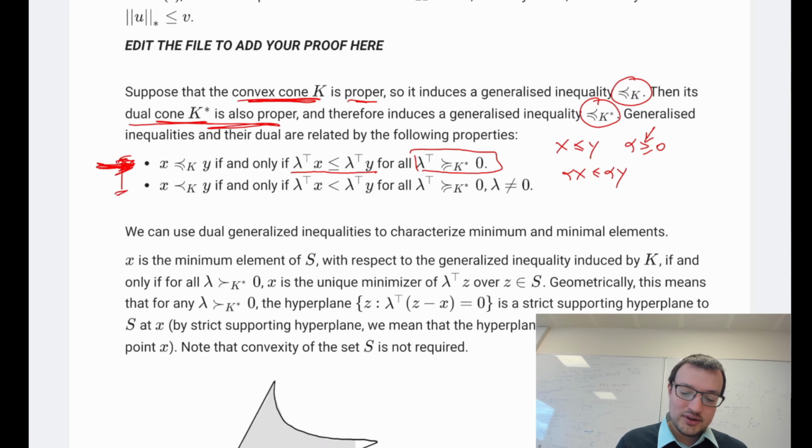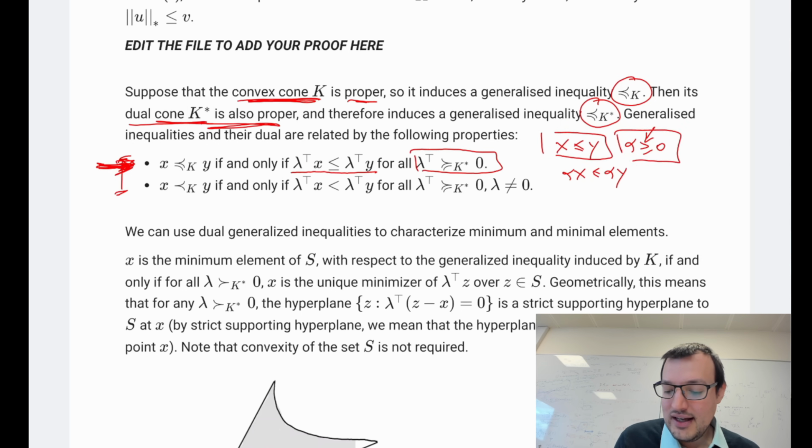The important thing, which you don't see in this case, is that these two inequalities are actually different. One is the inequality with respect to one cone, and the other is an inequality with respect to the dual cone. The reason why they look the same is that for scalar and also component-wise inequalities, just for standard vectors, the two inequalities are the same because the two cones are the same.